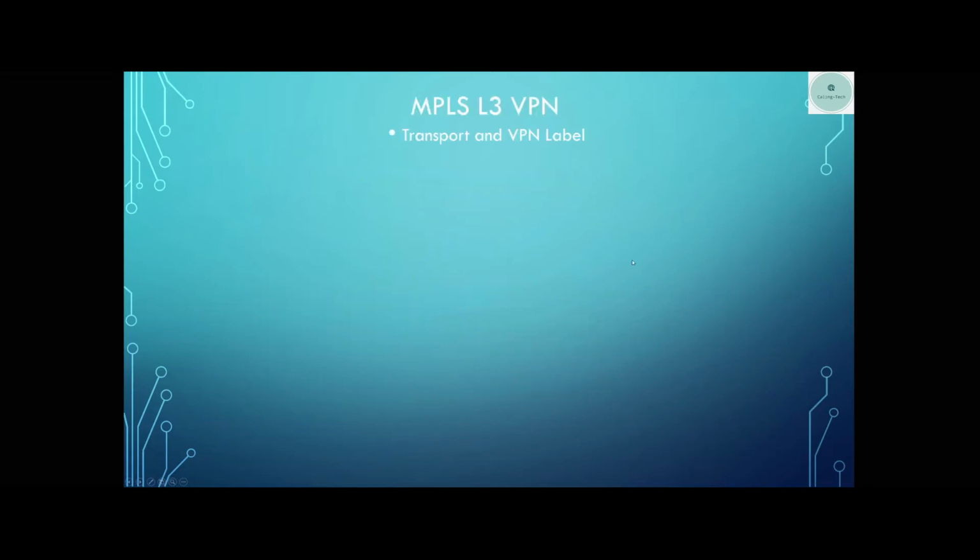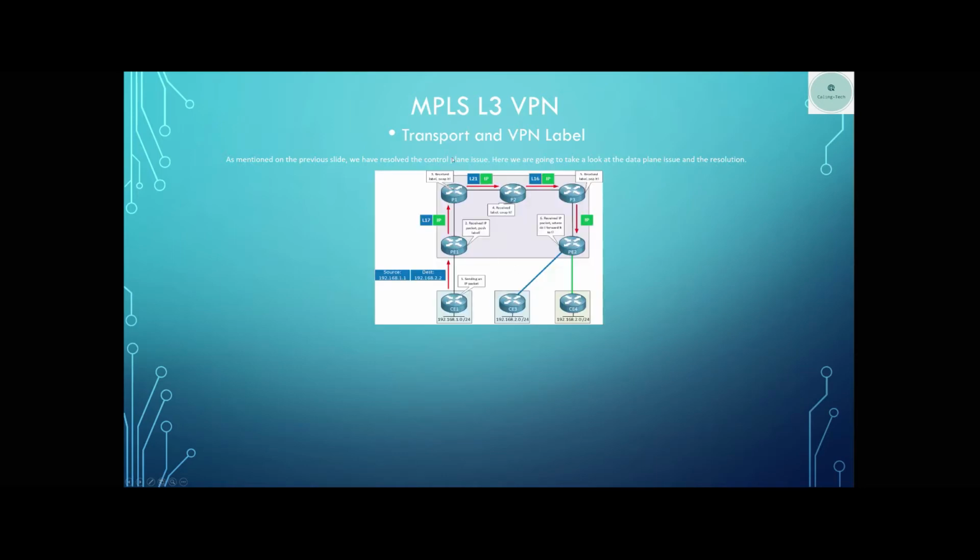Okay, so the transport and VPN label. As mentioned in the previous slide, we resolved the control plane issue. Now we're going to have a look at the data plane issue and the resolution. So let's have a quick look at this diagram.